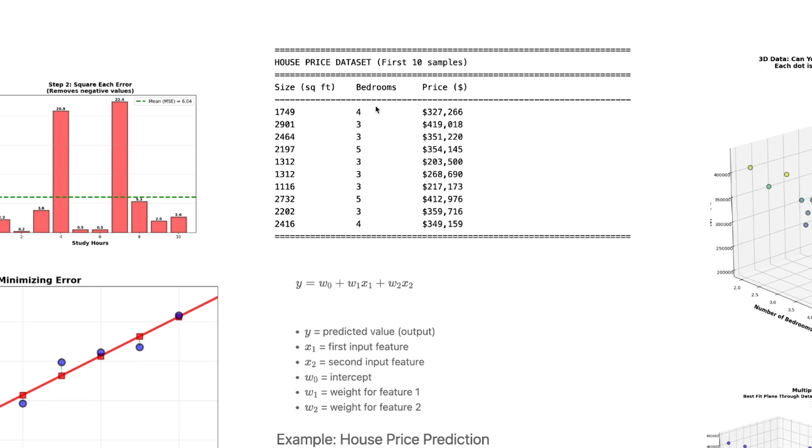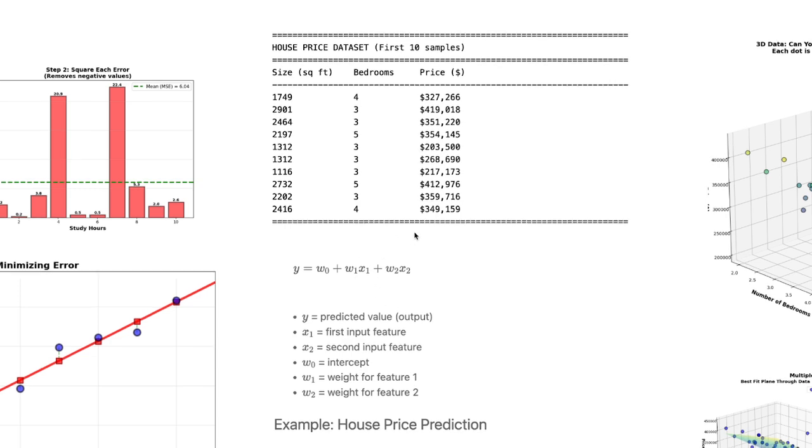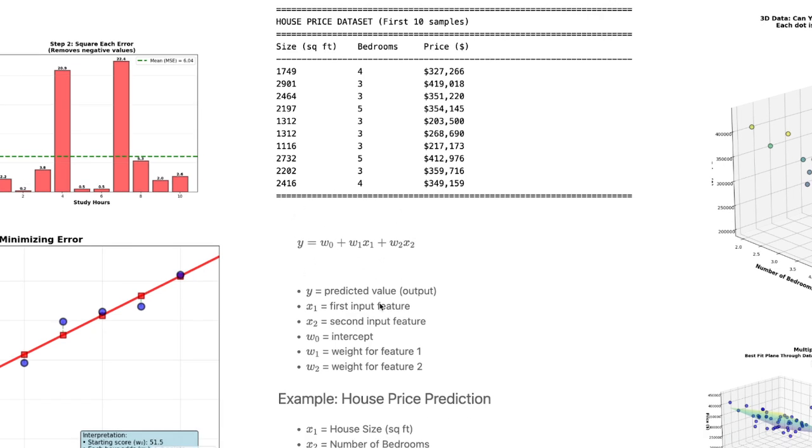The example is that we are given the house prices with the house square feet and number of bedrooms, and we are asked to predict the price with the size and the bedrooms. So we need to extend the equation as this: w0 plus w1 x1 plus w2 x2. w1 will be for one feature and w2 for the next feature. In this case x1 will be the house size, x2 will be the number of bedrooms, and the predicted value will be the price.